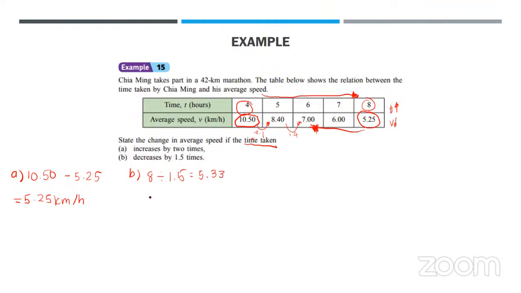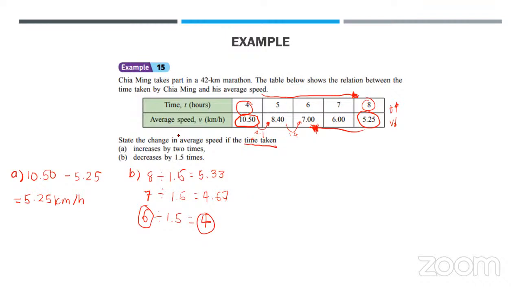So let's try the next value. 7 divided by 1.5. You get 4.67. Again, we have a 4, but it's not a decimal. Okay, so now let's try 6. 6 divided by 1.5 is equal to 4. Okay, so now we have a number. We have two sets of numbers, 6 and 4, that are both stated in the table.